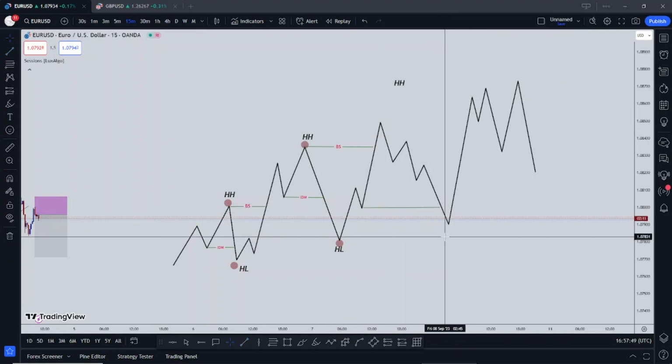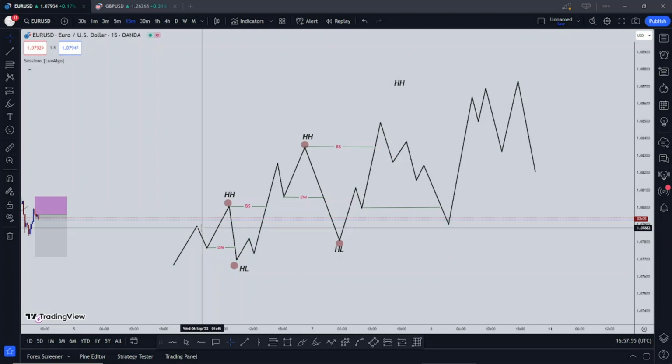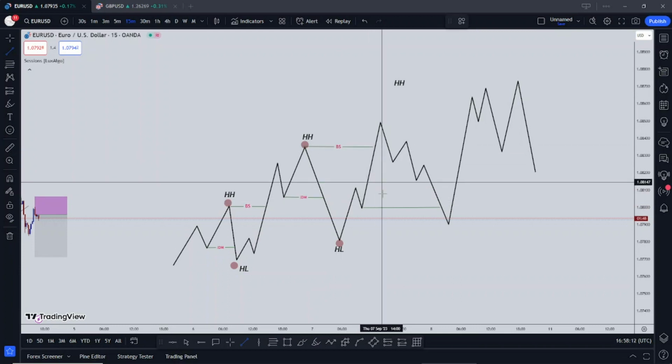So I'm going to explain to you the internal structures and then the external structures. At this point, you can already understand that internal structures are the simple pullbacks in an external structure. So these are the internal structure. They are what we call what? The inducement. So we can see that.